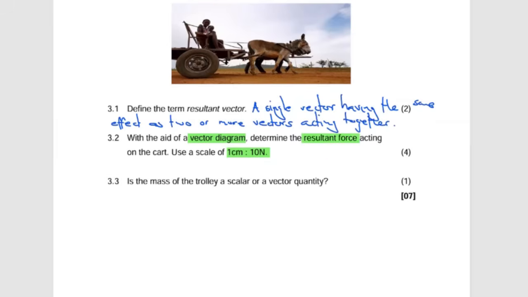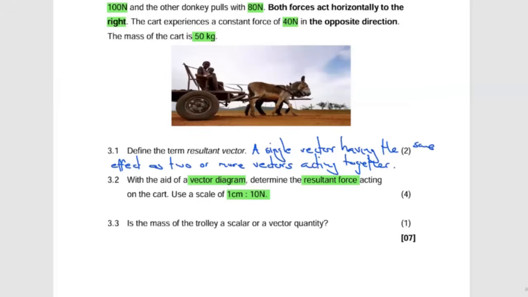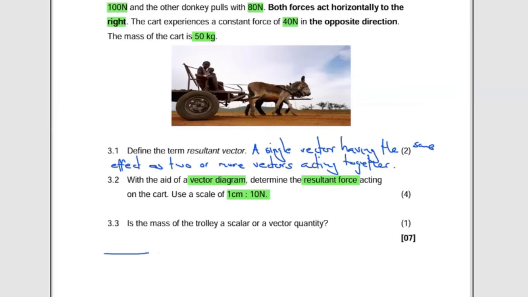So let's deduce the information that we're given there. We're given a value at the top of 100 newtons. This donkey is going to pull at 100 newtons to the right, so I'm going to have a force going to this side, 100 newtons.